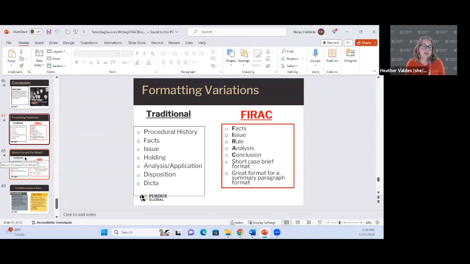And that can be included as a separate point in a traditional case brief, or in the dicta section, we can include that sometimes as well. I like to create a separate heading for that.